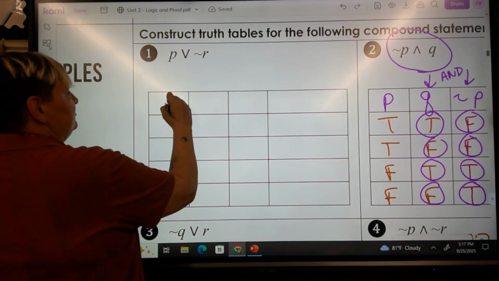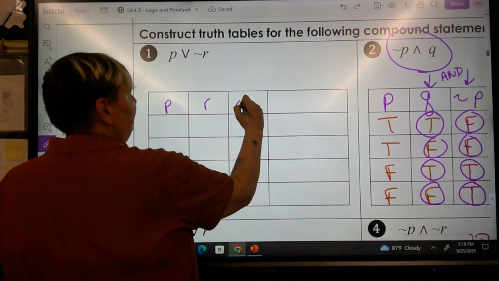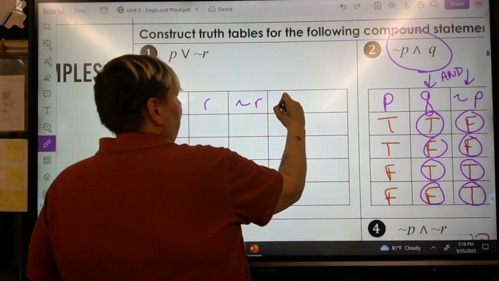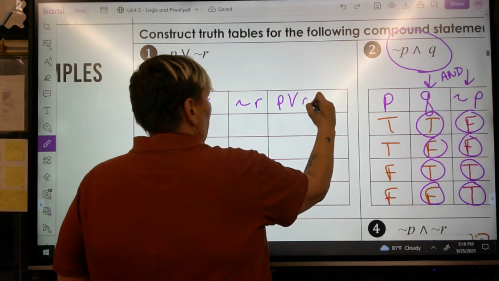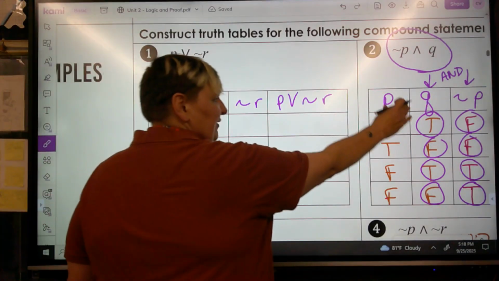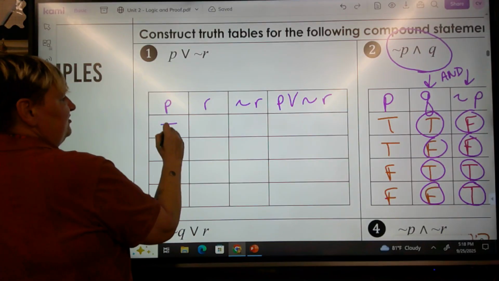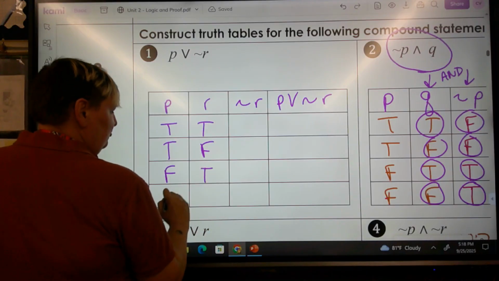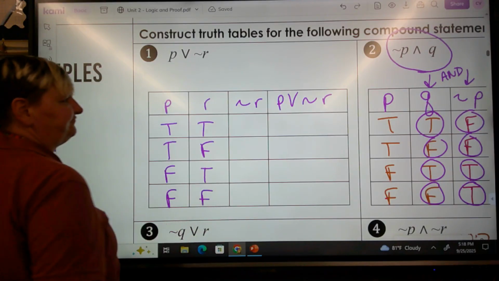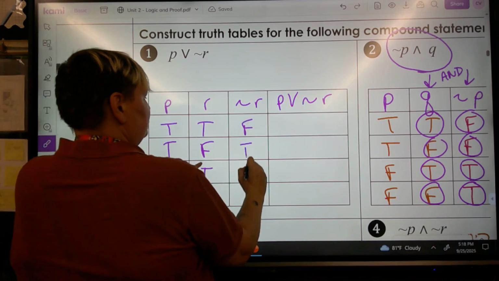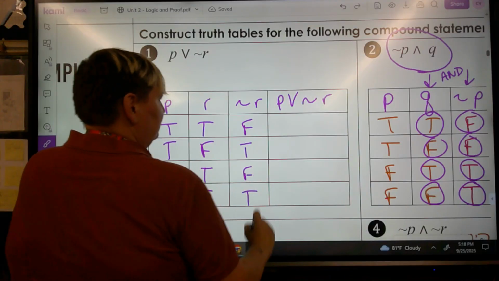Alright, so your two statements are P and R and your negation is not R. And your compound statement is P or not R. So if you followed the pattern like I told you to, you should have true, true, true, true, false, false, false, false. Your not R's should be false, true, false, true.